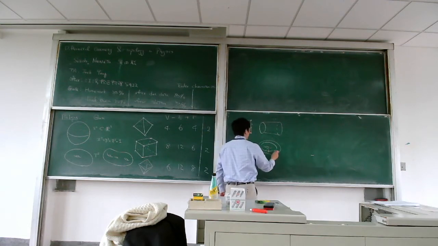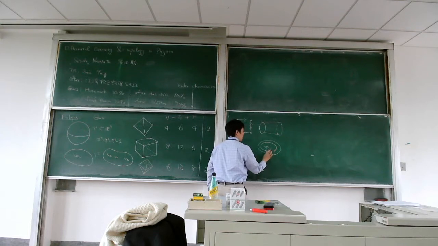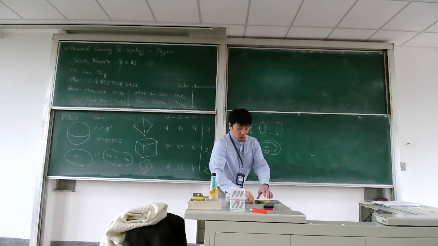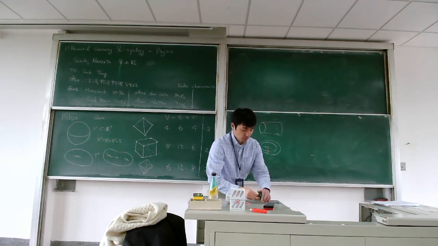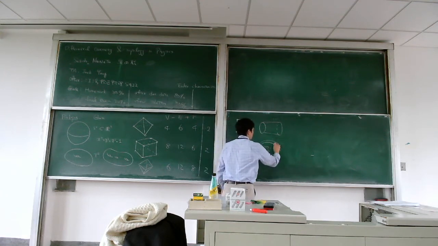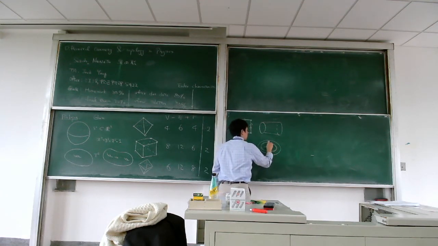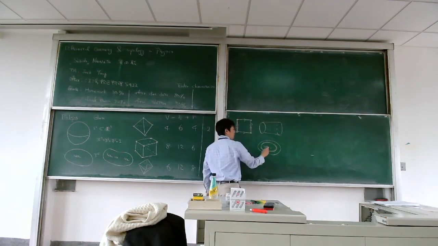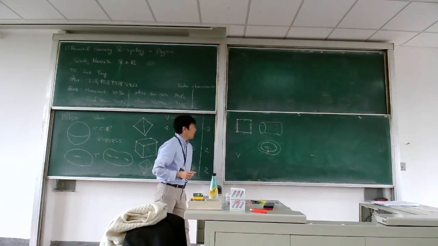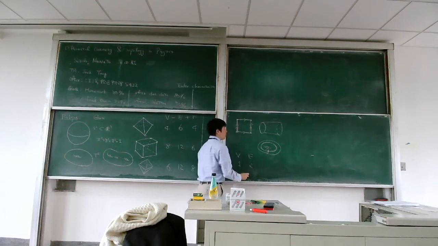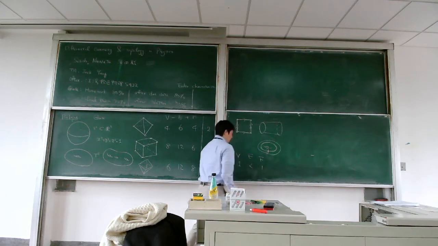This edge corresponds to this, and this vertex is this point. And how many edges does it have? 1, 2. And how many faces? 1, right?